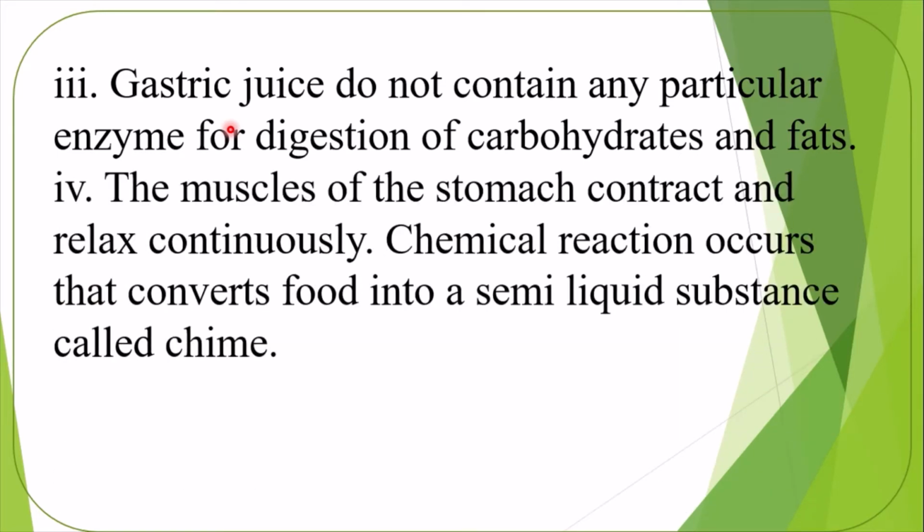The muscles of the stomach contract and relax continuously, which is called peristaltic movement. Chemical reaction occurs that converts food into a semi-liquid substance called chyme. There is a good definition of chyme.